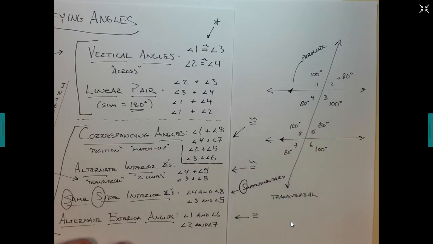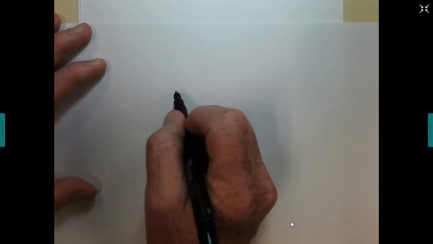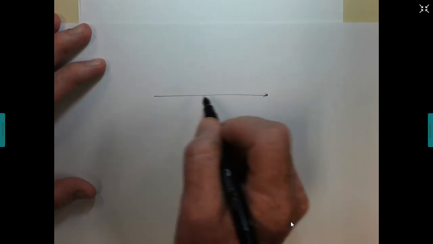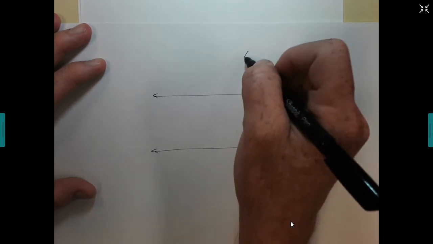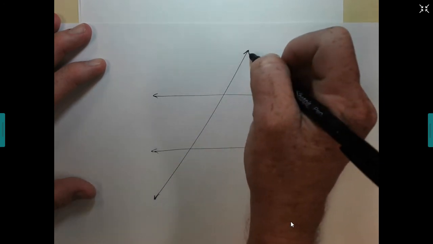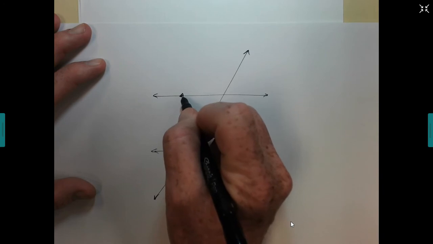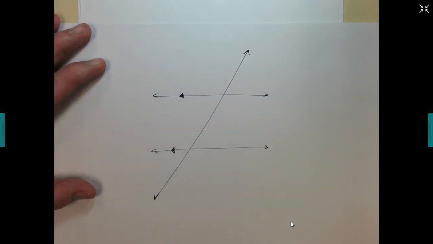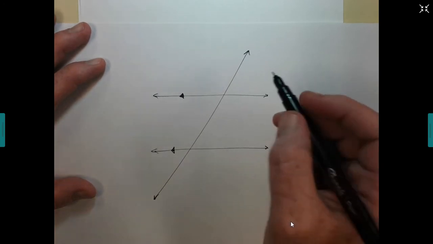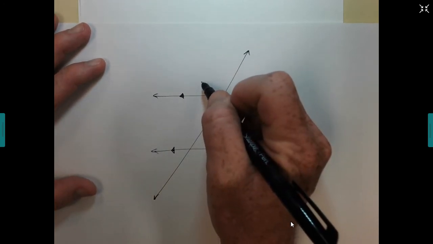And where this kind of becomes maybe a little more difficult is when you get into a problem that looks a little bit more like this. If I have two parallel lines, and I got a transversal here, as long as I know that these are parallel, here's where this problem can be a little bit more difficult.